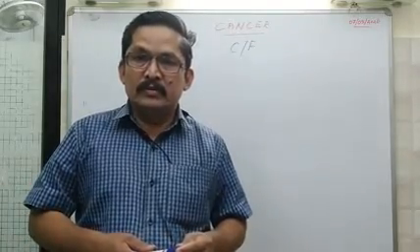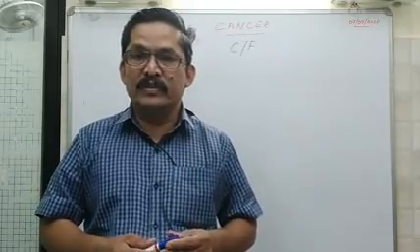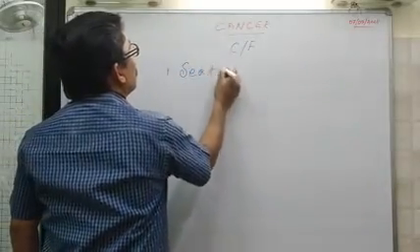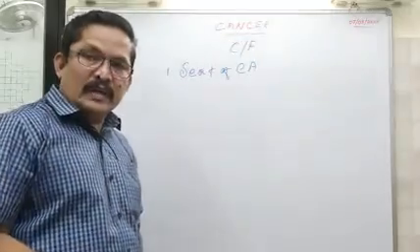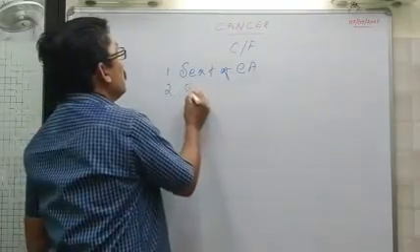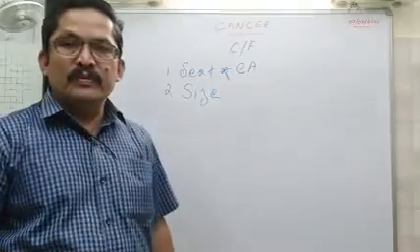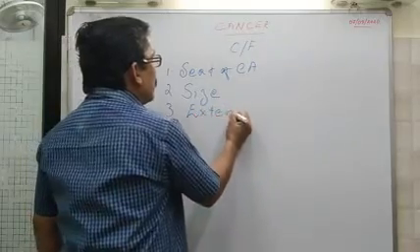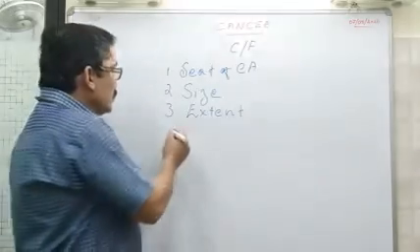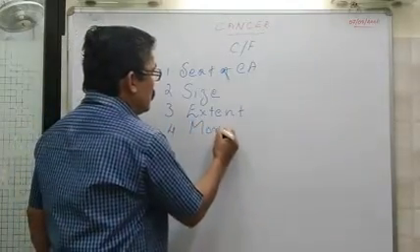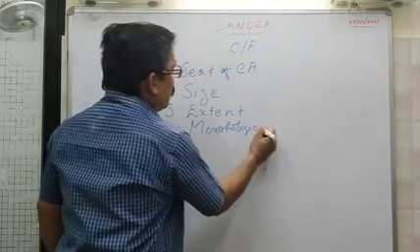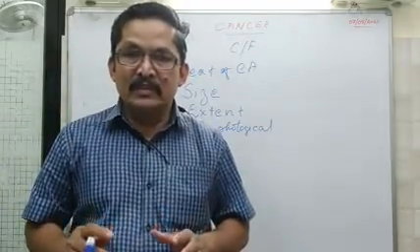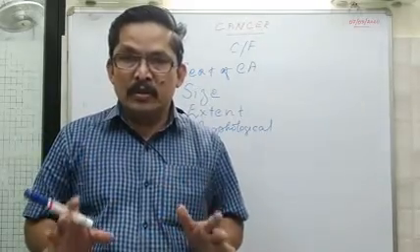So we can understand the symptoms of cancer depending on, number one, seat of cancer; number two, size of cancer; number three, extent of cancer; number four, morphological peculiarity.